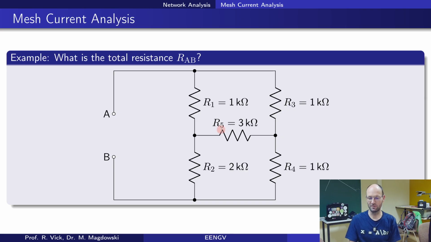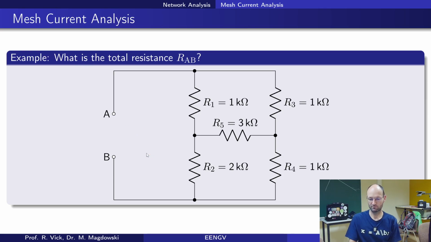So as an example, once again, let's take a look at what we already did last week, because we remember the result, and we calculated this with branch current analysis already and with nodal voltage analysis. And if you remember, the bad guy here is this resistance R5 in the center. So let's try to do it once again with mesh current analysis.